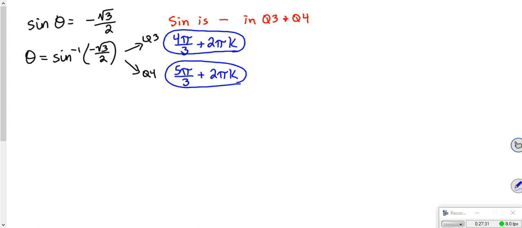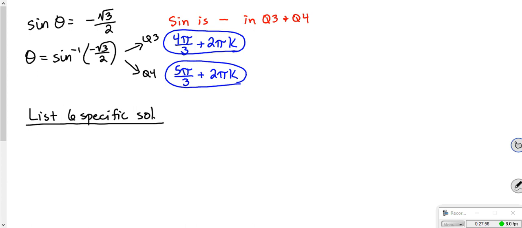Now, 6 specific solutions. So list 6 specific solutions. Again, I'm going to take each one of these, the 4 pi over 3 and 5 pi over 3, and add 2 pi.